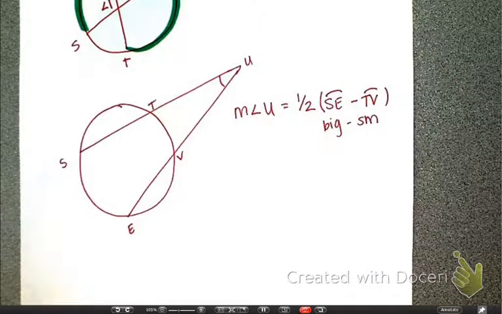So if the angle's on the outside of the circle, you're going to subtract the 2 arcs. Okay?